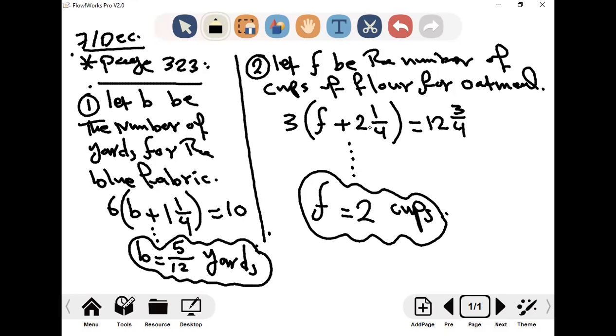It's given: the 3 batches of chocolate chip need 2 and 1/4, given. Where is our problem? We didn't know the oatmeal, right? The oatmeal, how many? 3 batches. But how much flour do these 3 batches need? We don't know, right?